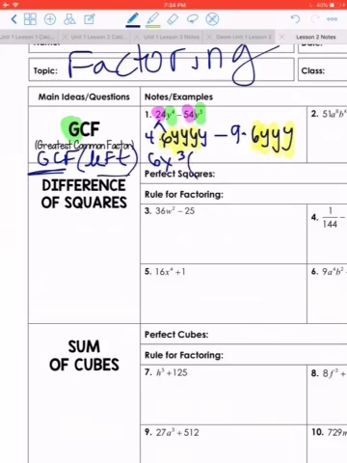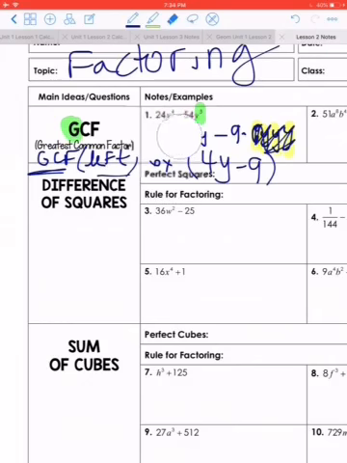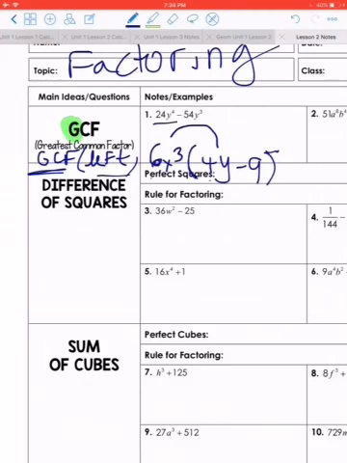And then when we write what's left, it's as if you took those 6 and the 3 y's out of both groups. So what's left is 4y and then minus 9. Okay? And so just think about if you were to distribute this back, what would you get? 6y to the third times 4y would be 24y to the fourth.